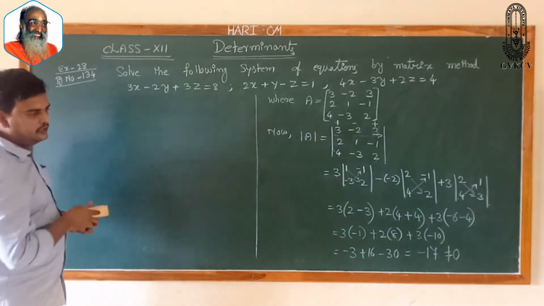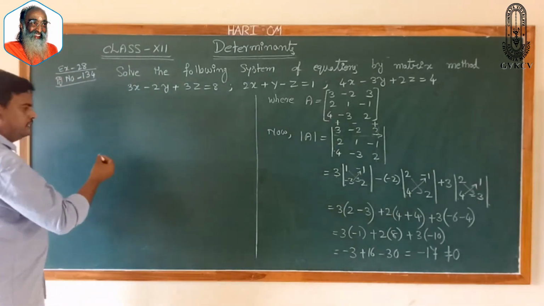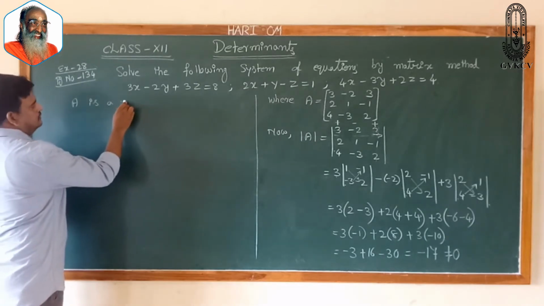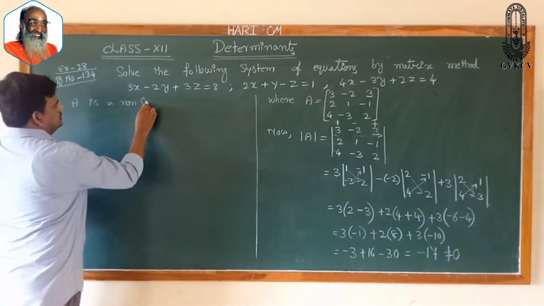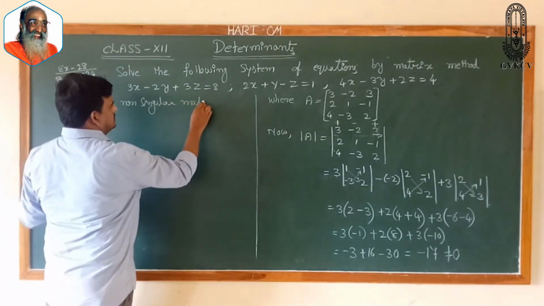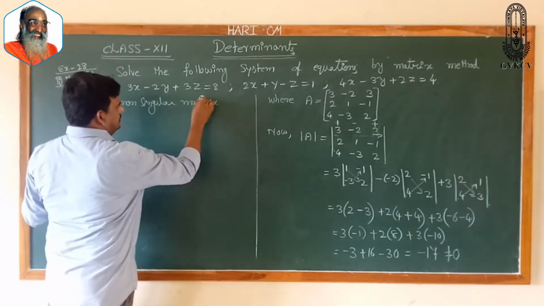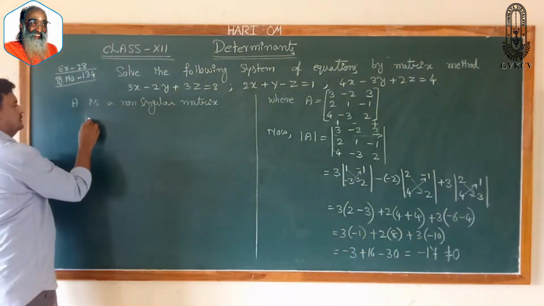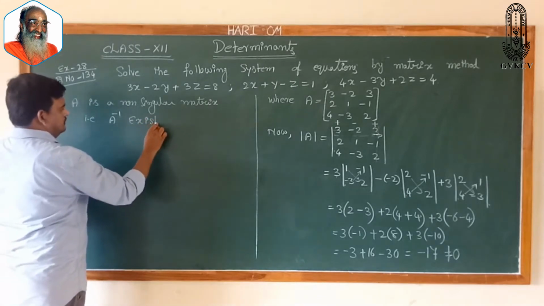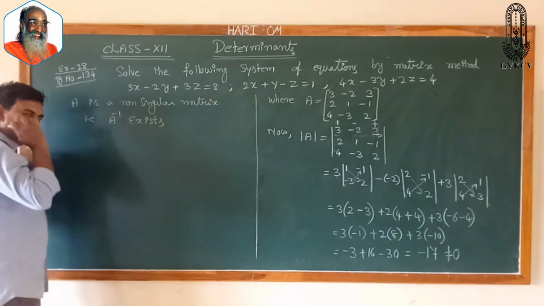Now when I know that determinant of A is not equal to 0, I can say that A is a non-singular matrix. A is a non-singular matrix. That is, A inverse exists.